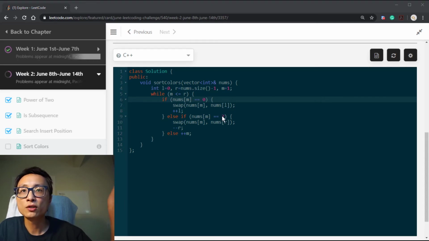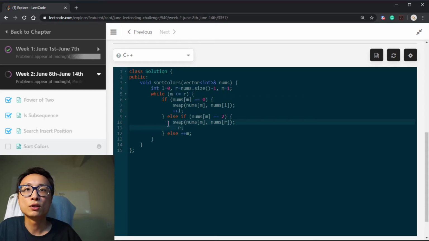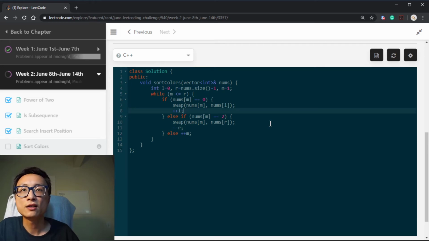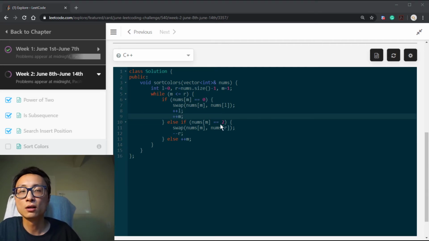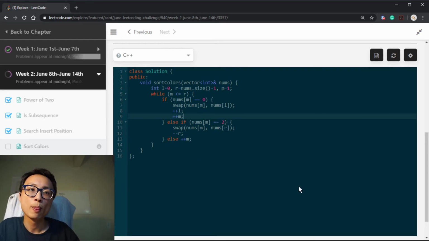That swap can potentially introduce a 0 at m's position. So we are not supposed to update m inside this second branch. In the next iteration, we will find that we now have a 0 in m's position. We will do a swap, and that's the time we can actually increment m.